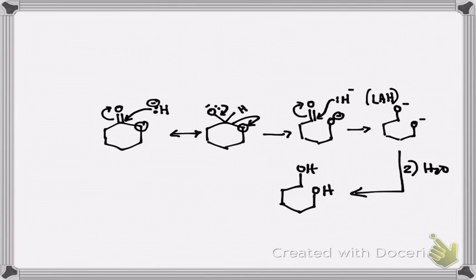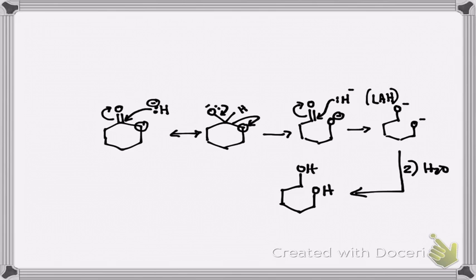So the intermediate structure will look something like this. Now, the lone pair of electrons will do this, and then this group leaves. Okay? So it opens the ring up, yeah.